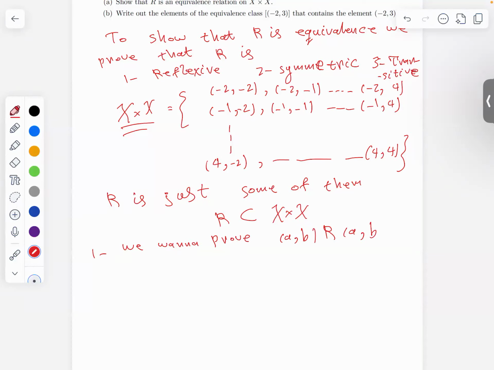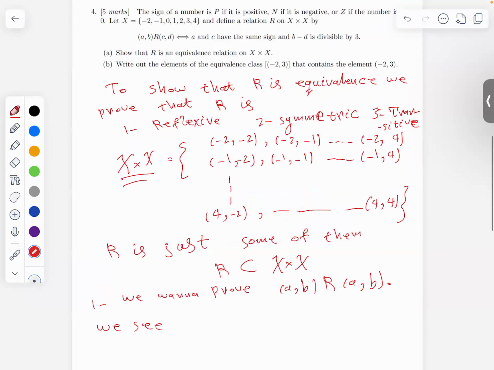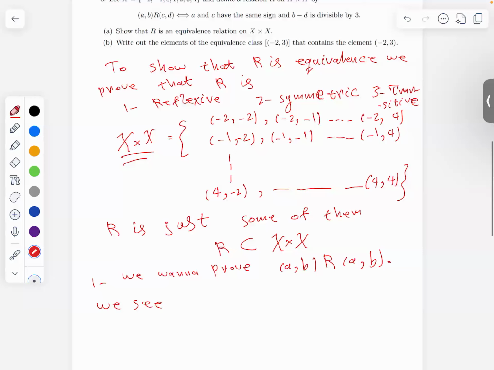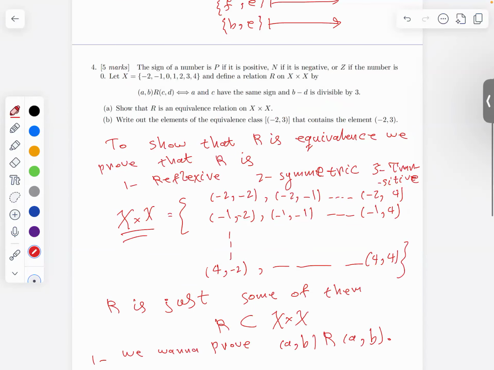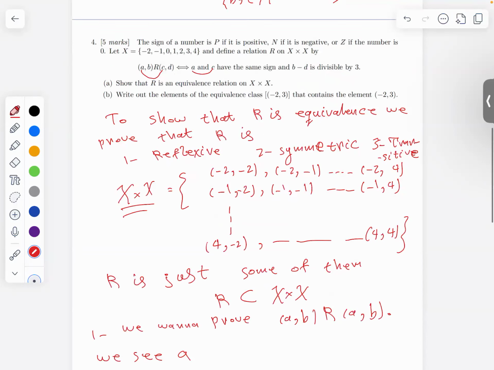So what's the definition? A and C have the same sign.